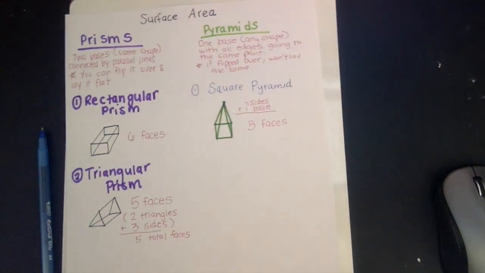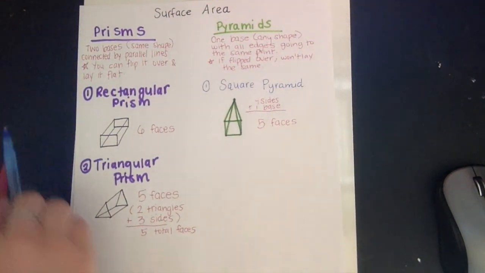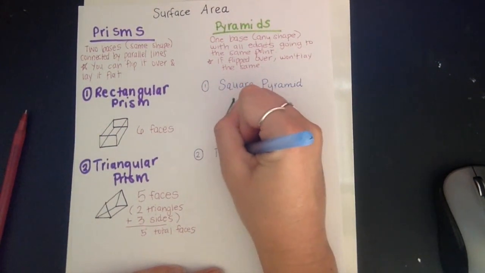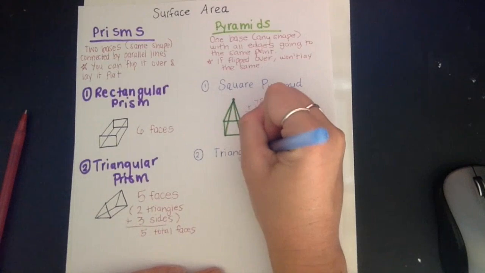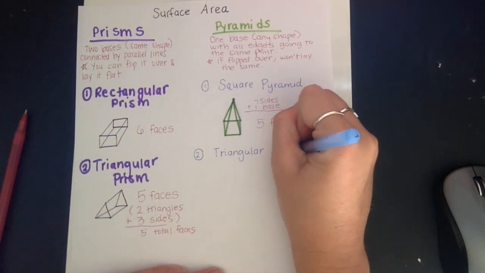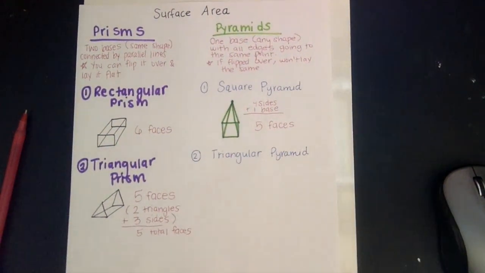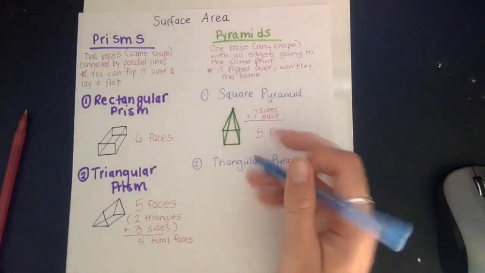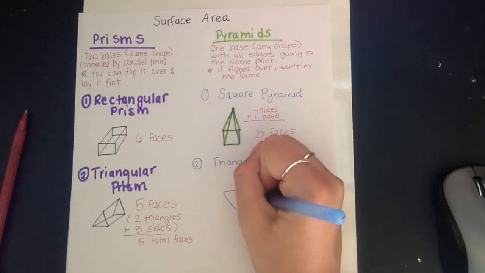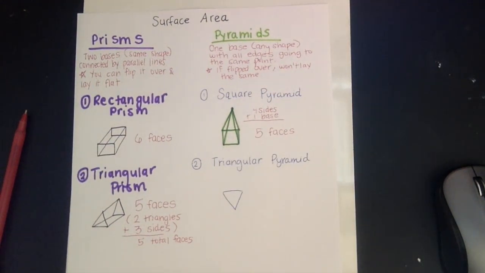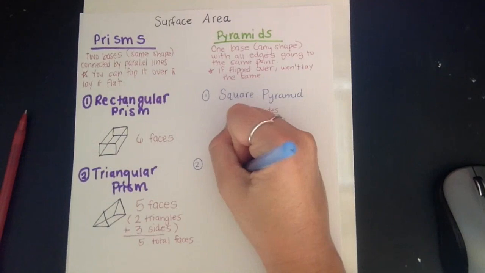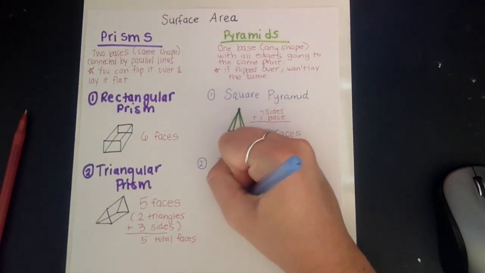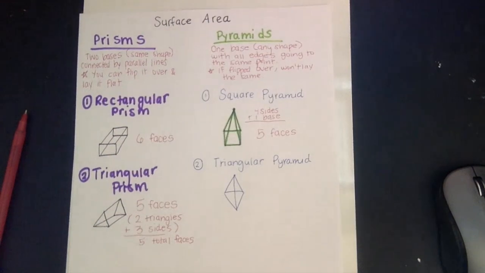And then what we're going to learn about tomorrow is our last surface area shape, which is a triangular pyramid, which, you've probably guessed it, is going to start with a triangle. My base is now a triangle, so I draw a triangle. I'm talking about a pyramid, so there's my pyramid point, and then I connect that point to all of the different vertices of my base.